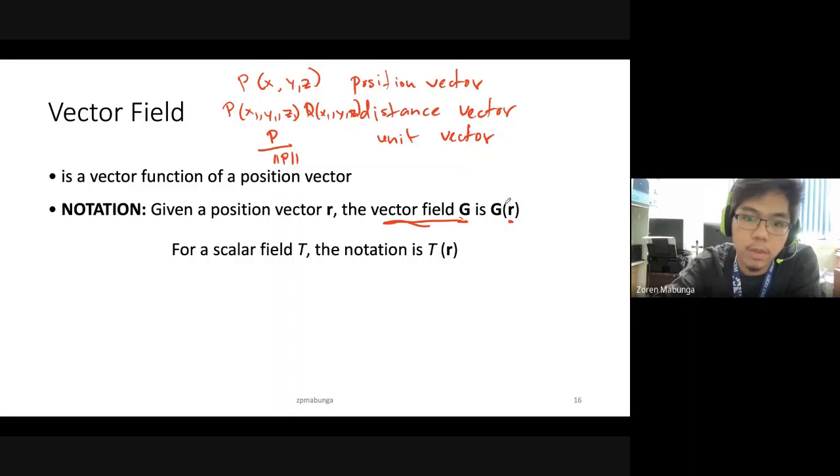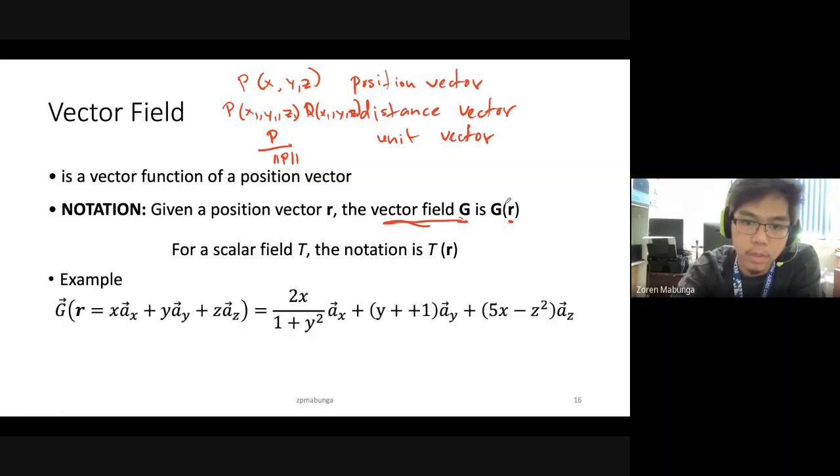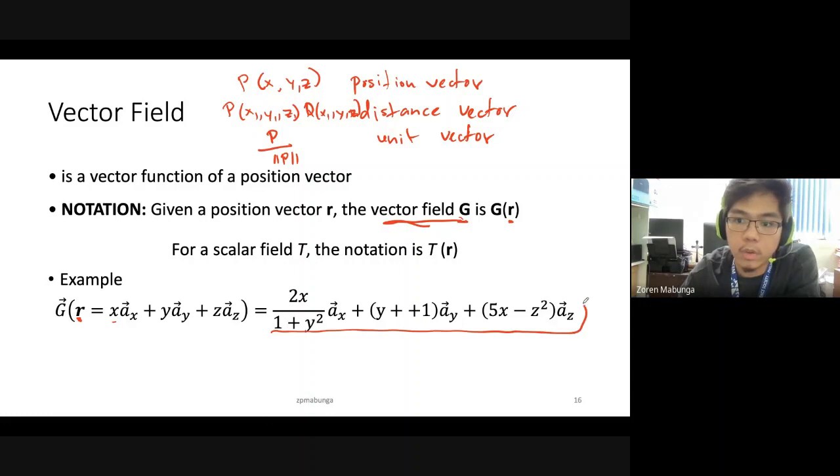For a scalar field naman, the notation is T as a function of R. This example is a vector field G using position vector R, which is given by this equation, XAX plus YAY plus ZAZ. And it is represented, ito ngayon yung magiging vector field. Okay, so this is your vector field.